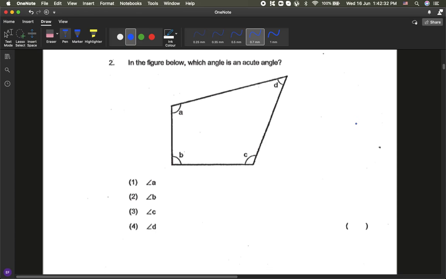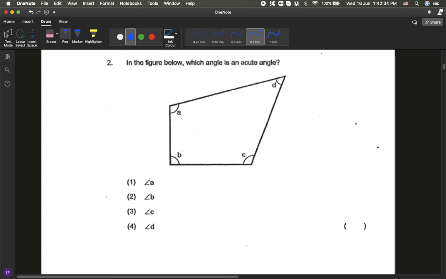Okay, question 2. In the figure below, which angle is an acute angle? An acute angle is an angle that's less than 90 degrees. So let's do a recap first. As I said, this is an acute angle because it is less than 90 degrees.